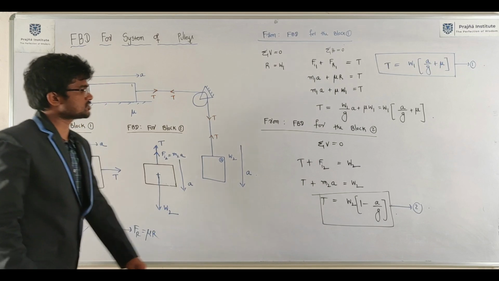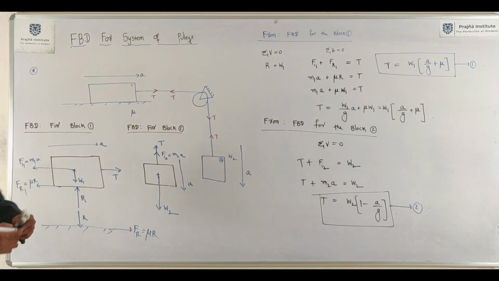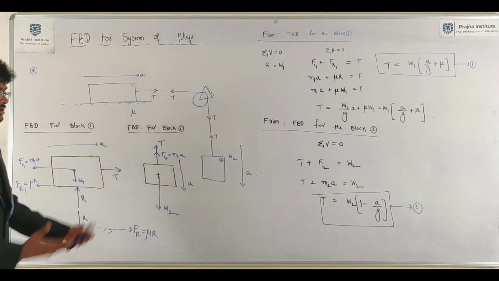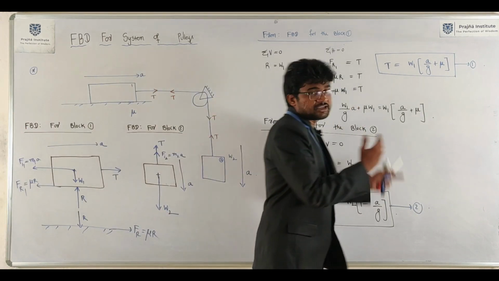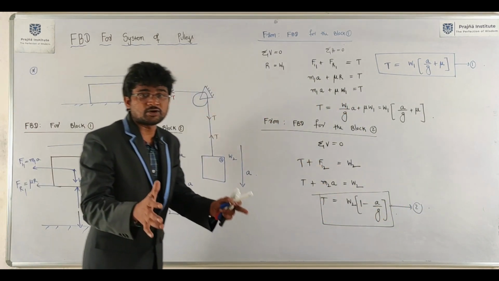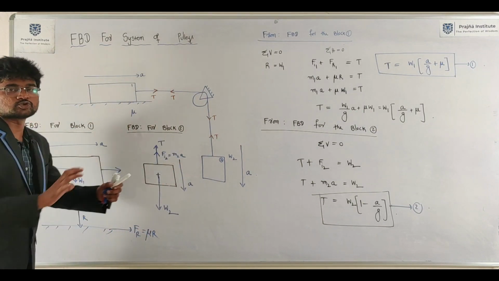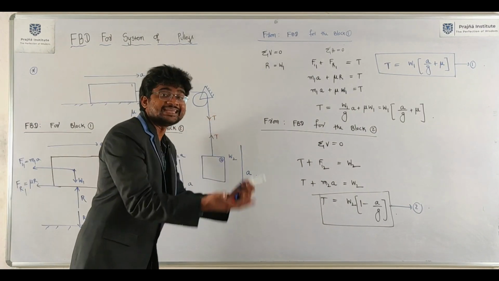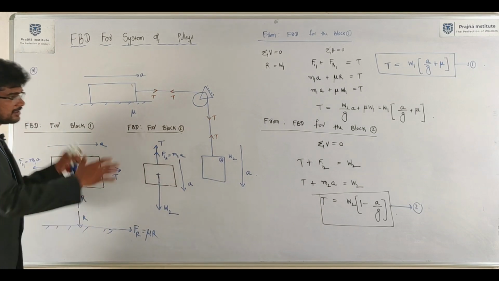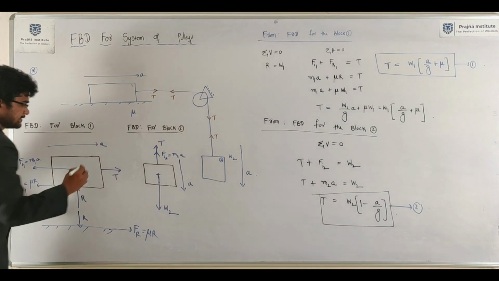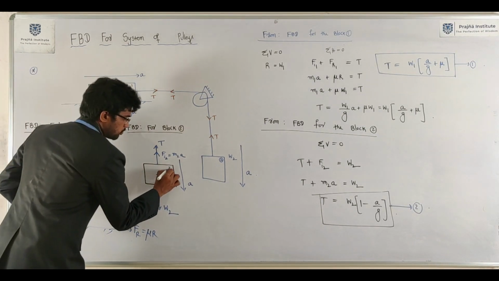Solve these two equations to determine tension and acceleration. We have a set of unknowns, and finally we can calculate those two unknowns by solving those equations. That is the logic. This is block 1, block 2.